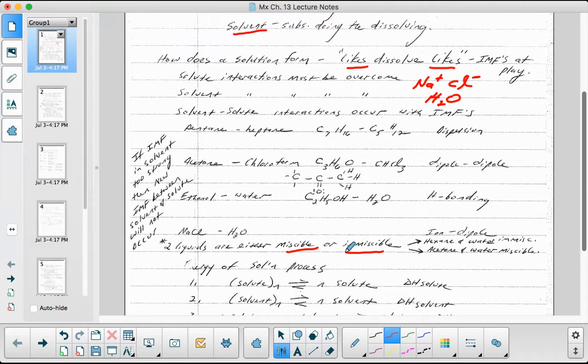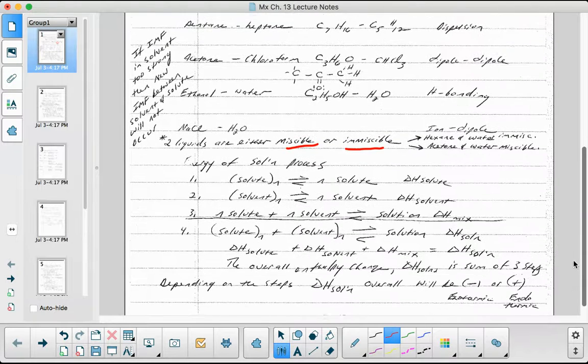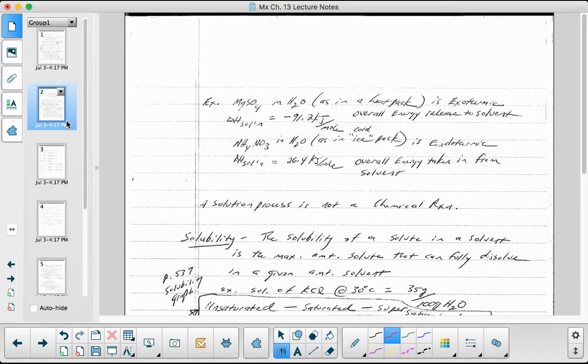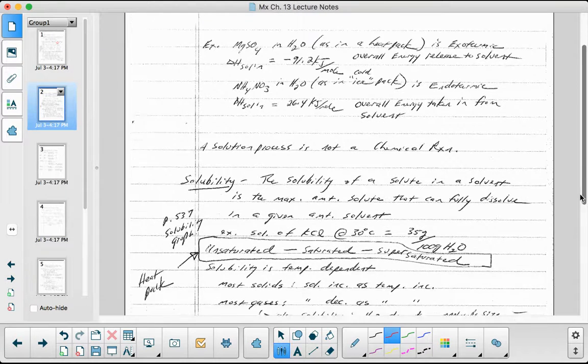they will not. Then down here, there's quite a detailed explanation of solute and solvent and how the energy exchange occurs when a solute and a solvent form a solution. That will be covered mainly in the lab you're going to do on temperature and solubility, so I'll leave the details for the lab activity.